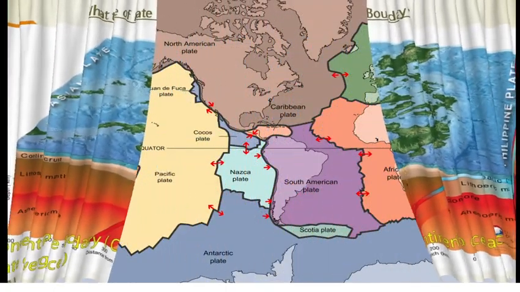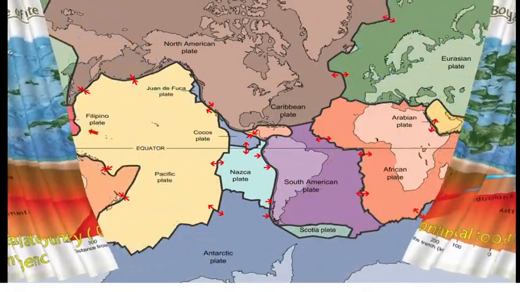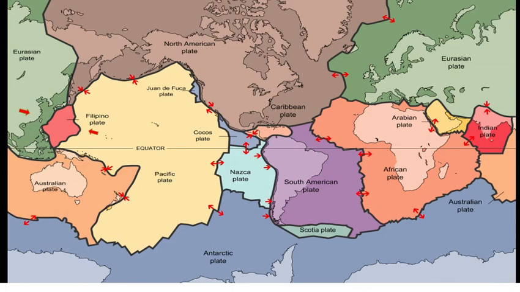Then we have here the different plates around the world, and you can see also there the movement of each plate. So if you know the different types of plate boundaries, then you will know what type of plate boundaries are formed in these certain areas, wherever those movements are being created.